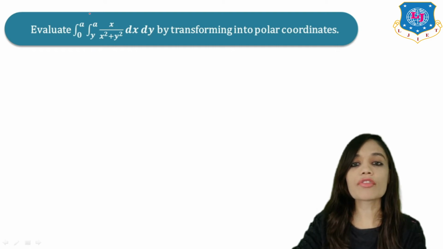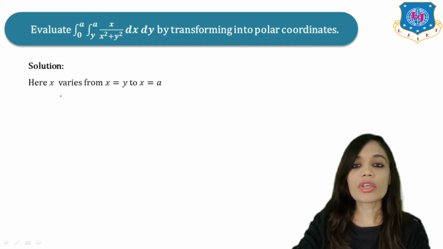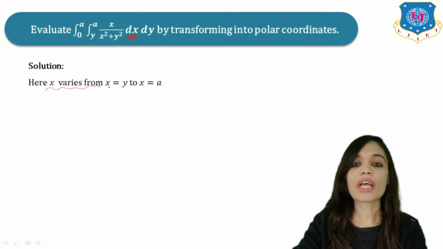So again we have to transform the given integral into polar coordinates. Let us start with the solution. So here our limits of x are what? y to a. Therefore, our x varies from x equals y to x equals a.